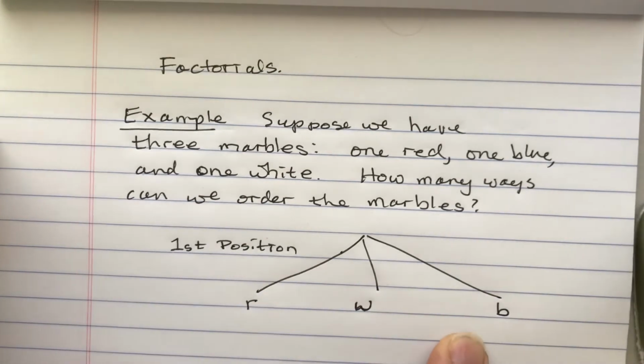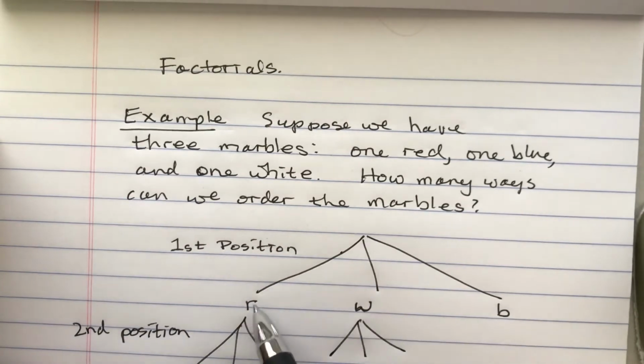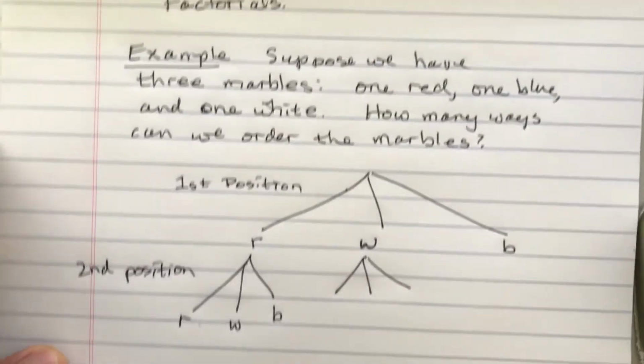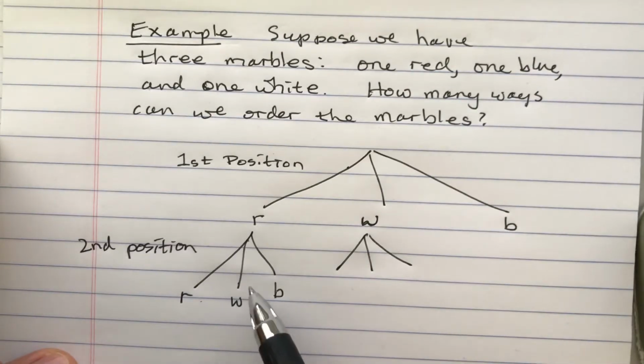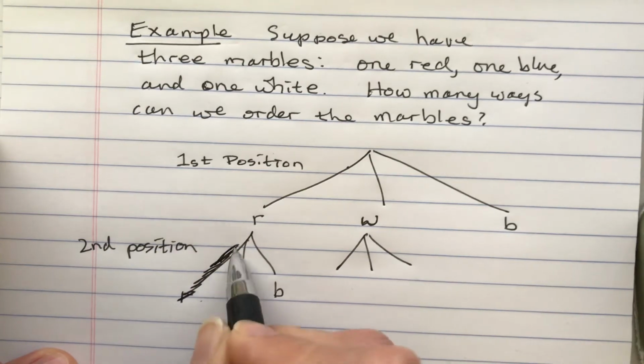So that's going to go in the first space. And in the second space, you can put a red or a white or a blue. And supposing the first one's a red, you can put a red, white, or blue. Oh, hold on, got that wrong. The red's already been used.